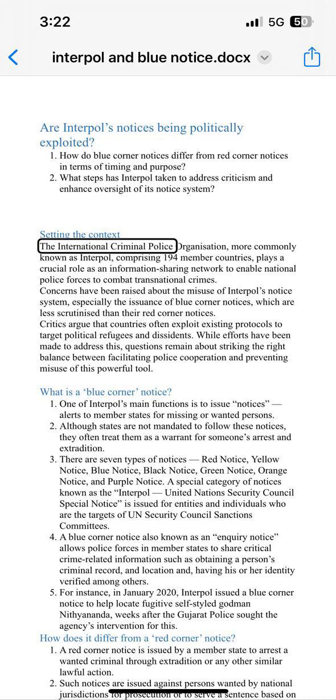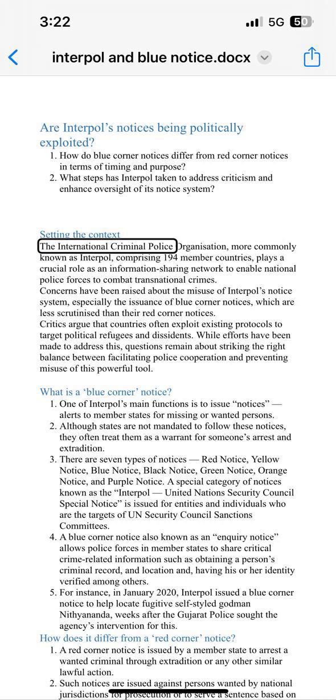Like Indians found dead in USA. Now the country India wants to take the unidentified body of an Indian from USA. For that, it has to write the black color notice to Interpol, by which the police of India can go and take over the body from USA to India.